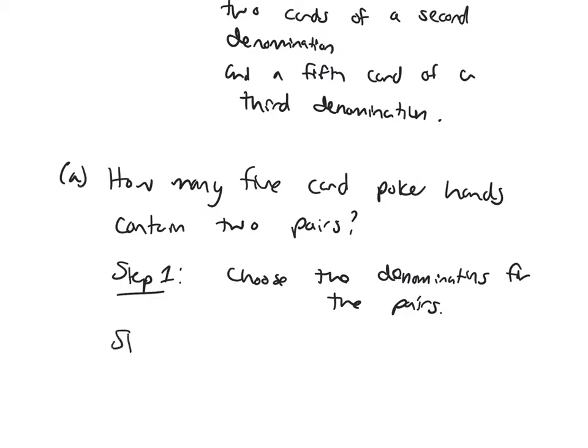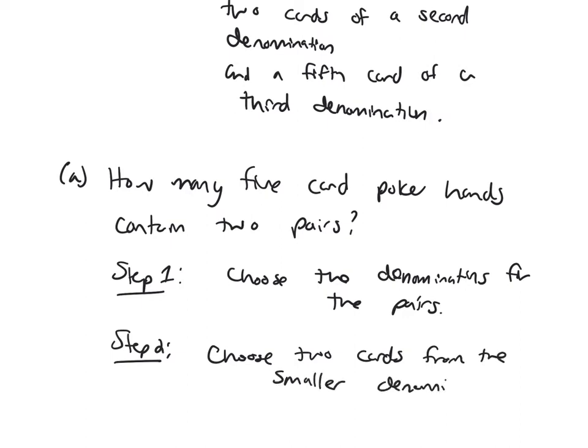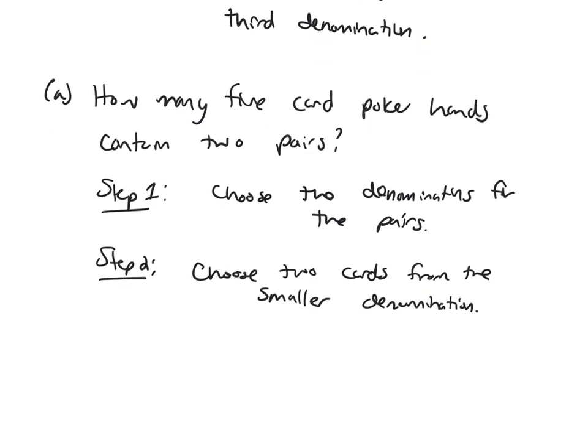Then step 2, for the smaller denomination, you're going to choose 2 cards from the smaller denomination. So if I have 2 2s, you're going to pick those 2 2s. Step 3 looks similar to step 2. You're going to choose the 2 cards from the larger denomination.